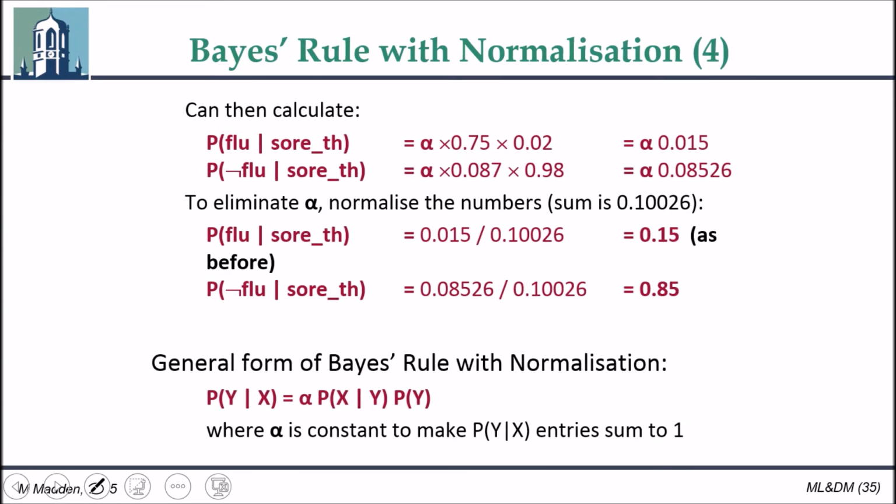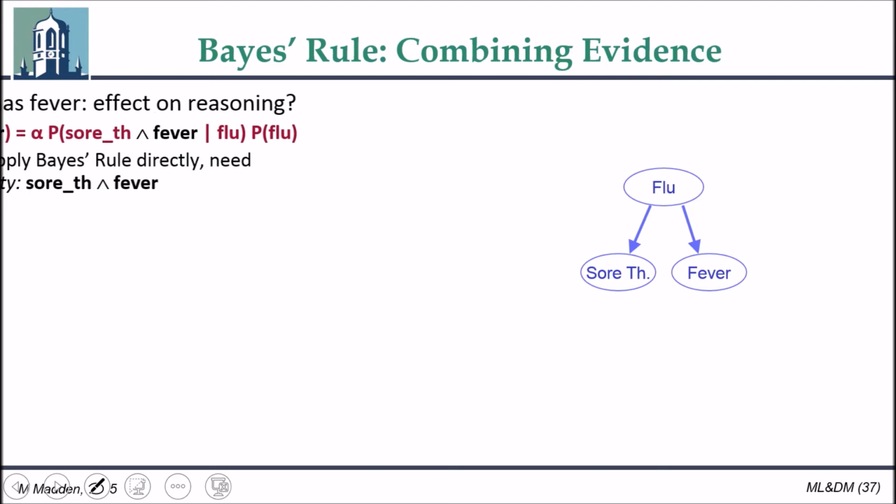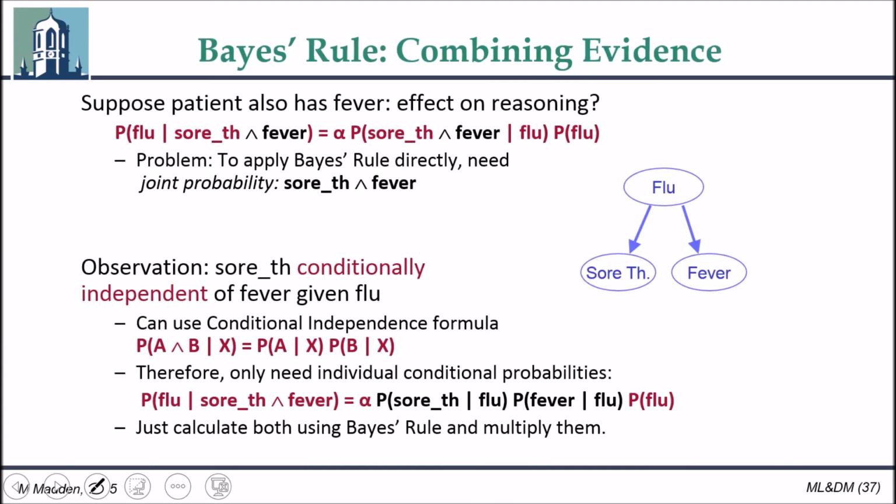When we were doing this general form of the Bayes rule with normalization, we had the probability of y given x is the probability of x given y by the probability of y with a normalization constant. And when we did the combining evidence, we have the probability of sore throat given flu by the probability of fever given flu by the probability of flu itself.